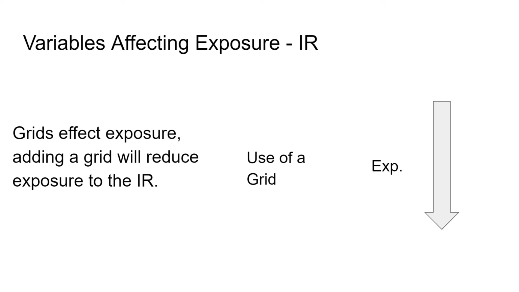Okay, grids. If you use a grid, whatever ratio it might be, exposure will go down. Photons die. The lead lines kill photons. Not only do they kill the scatter, but they kill some of the good ones, which is why we have to increase our exposure technique to have more, for lack of a better term, good photons in the mix. So that's why we have to increase our exposure.